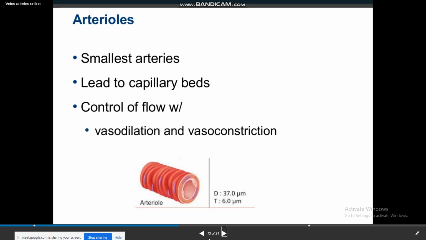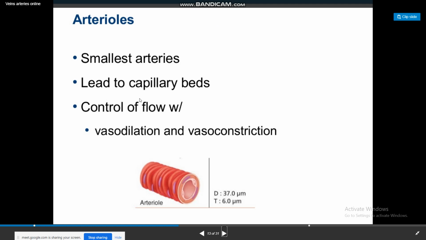Next is the arterioles. These are the smallest arteries. The smallest arteries are called arterioles, like bronchi to bronchioles. They lead to the capillary beds. What is their function?